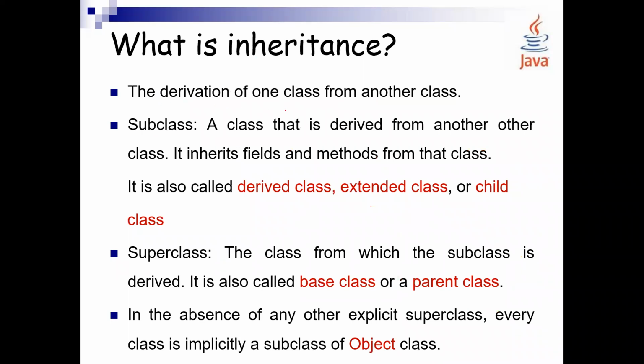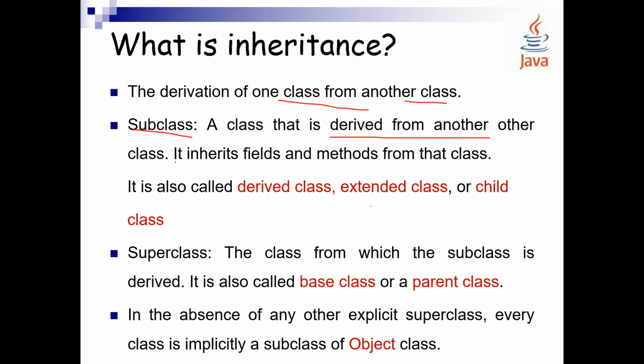So inheritance is a derivation of one class from another class. If we go to the previous example, you can see part-time employee is derived from employee. Full-time employee is derived from employee. So we got a concept of subclass. This is a class which is derived from another class.